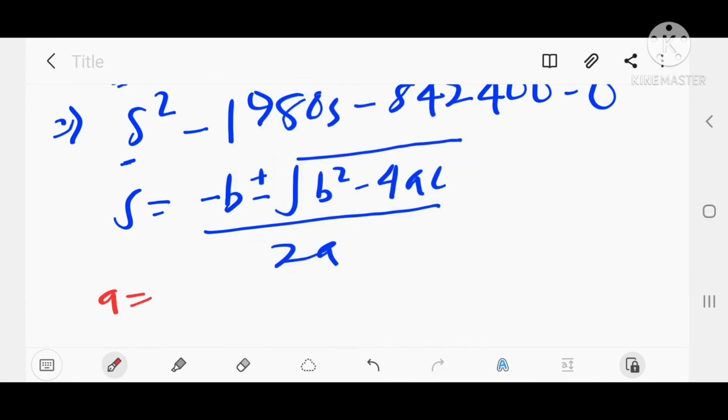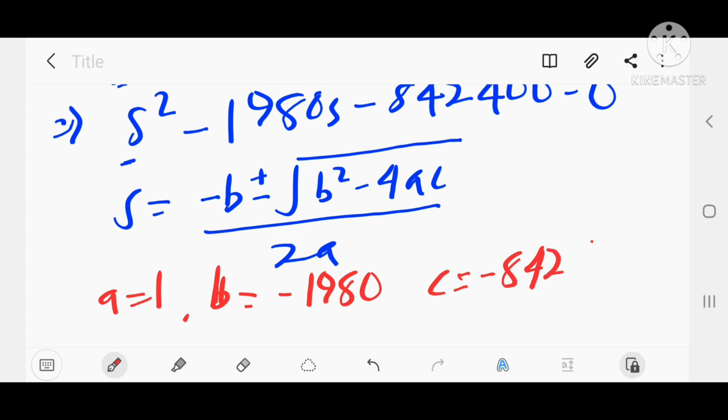Our b will be negative 1980, and c will be negative 842,400.